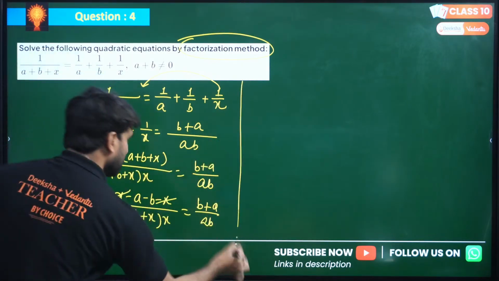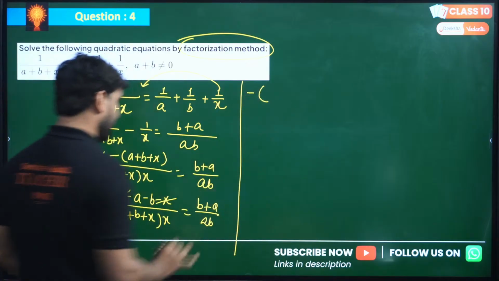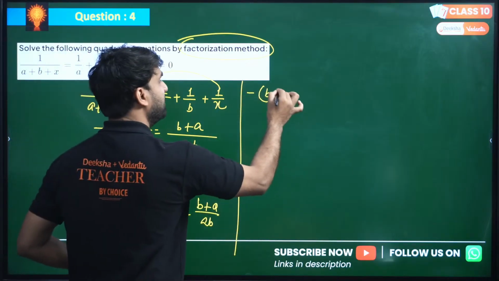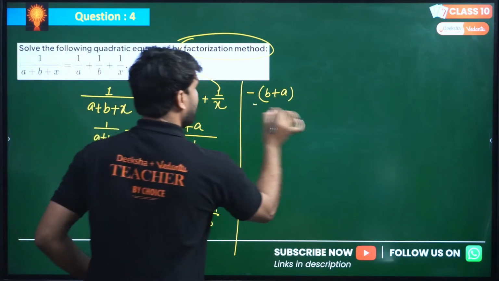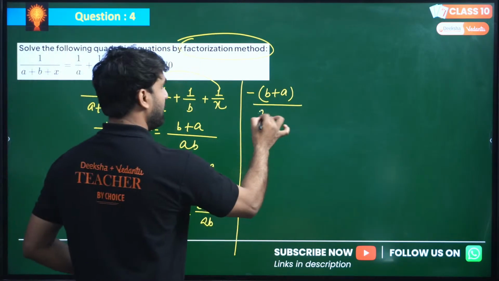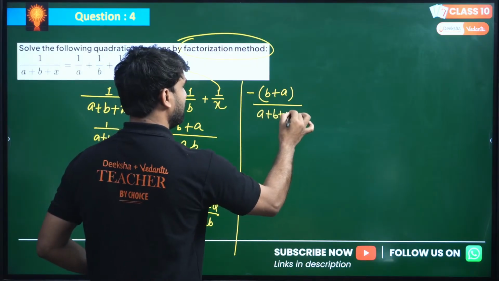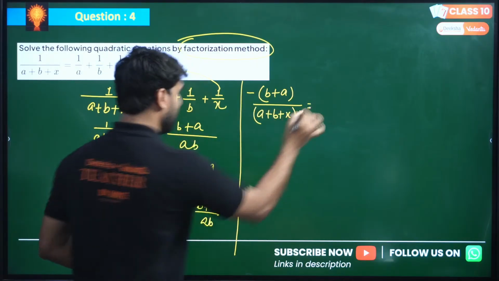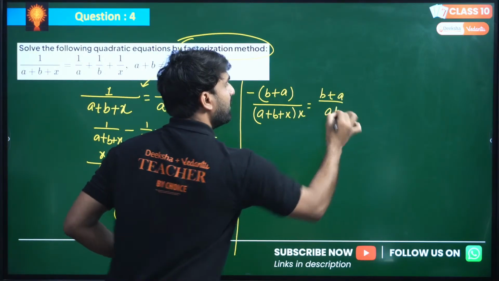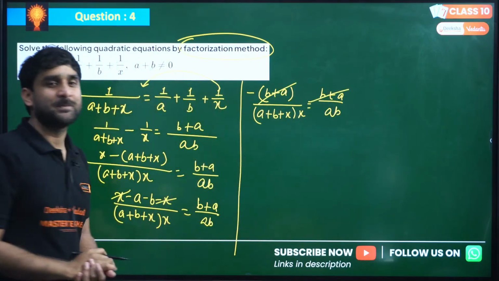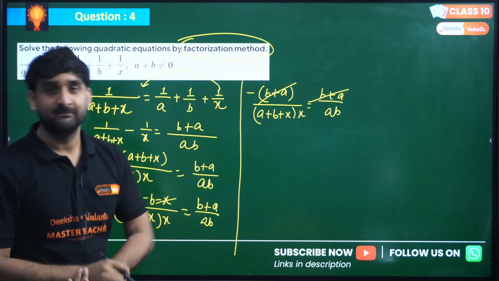So we can write it as minus of b plus a, divided by a plus b plus x into x, equals b plus a divided by ab. Now this b plus a will cancel because both are the same.